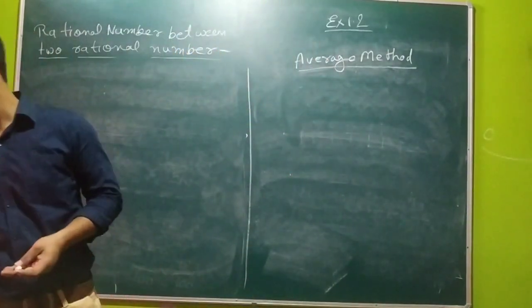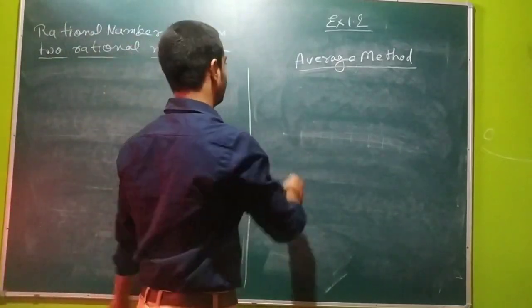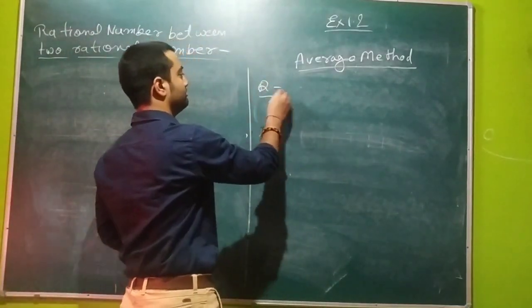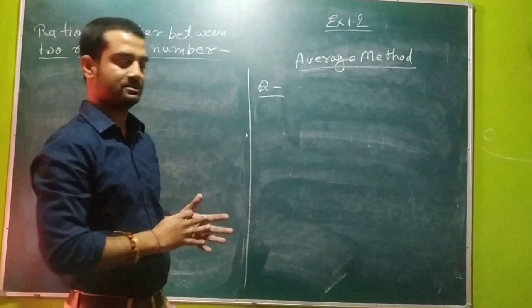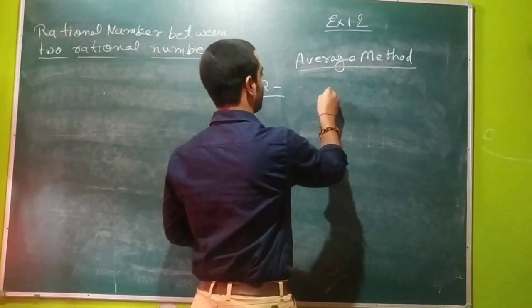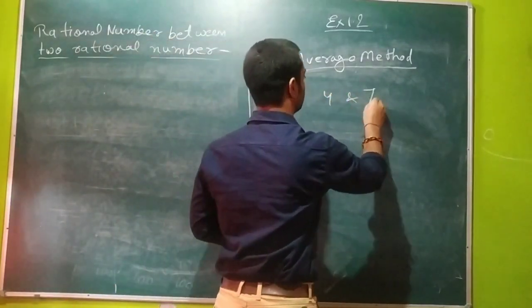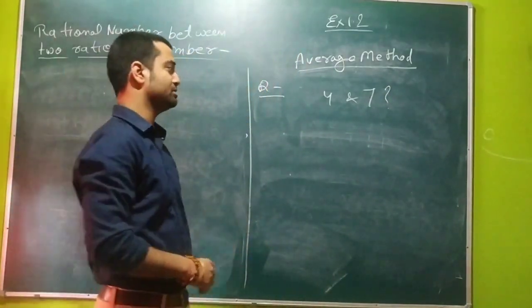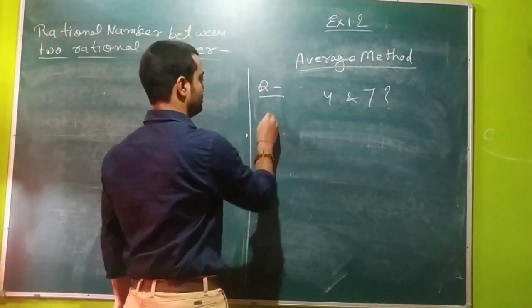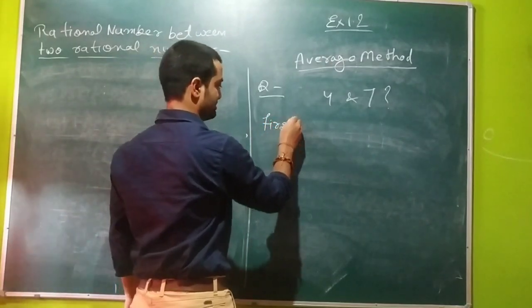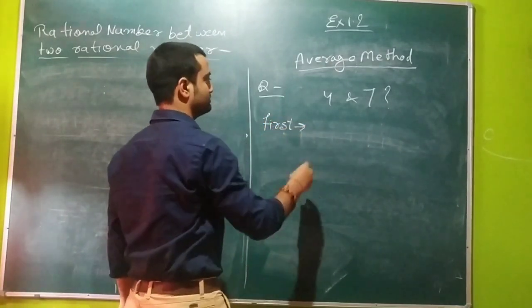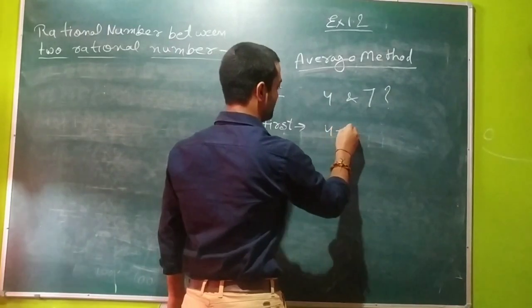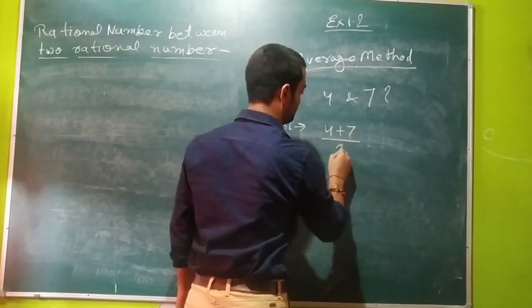Let's have an example with this method. Suppose we have to find out 3 rational numbers between 4 and 7. So, the first rational number will be 4 plus 7 by 2.